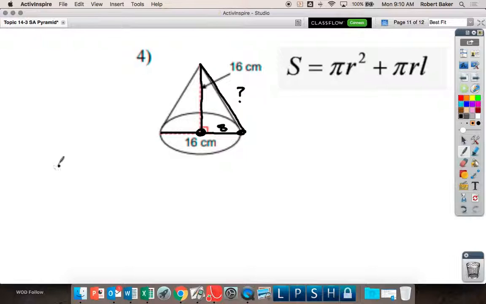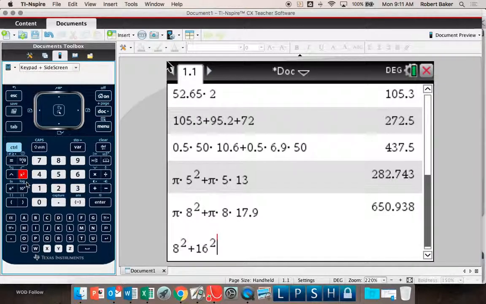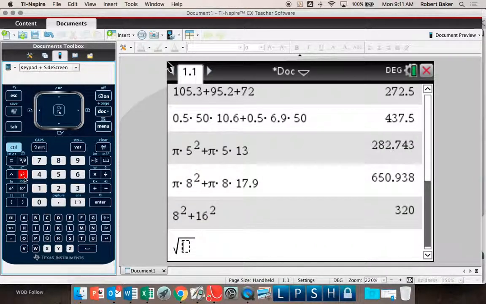So we have to do a squared plus b squared equals c squared, and our c is the slanted height right now. So I'm going to use my calculator to do that because I'm feeling a little lazy today. 8 squared plus 16 squared is 320. And then to undo c squared, you take the square root.